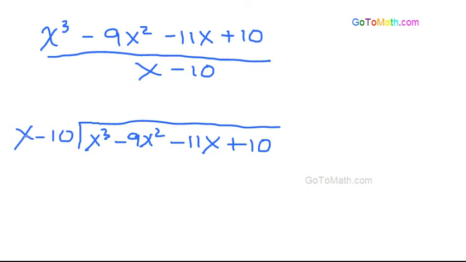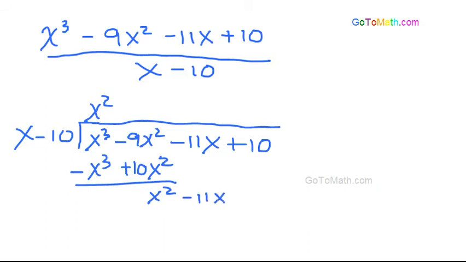So x goes in x cubed, we're going to have x squared left, and then x squared times x is going to be x cubed, and then x squared times the minus 10 will be negative 10x squared. Go minus, make that a plus, so that's x squared minus 11x plus 10. So we have x goes into x squared, just going to be left with an x.